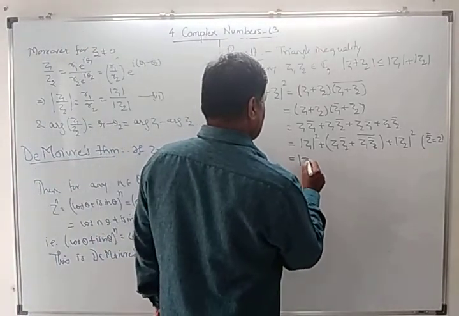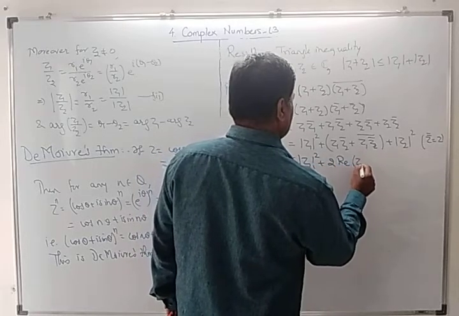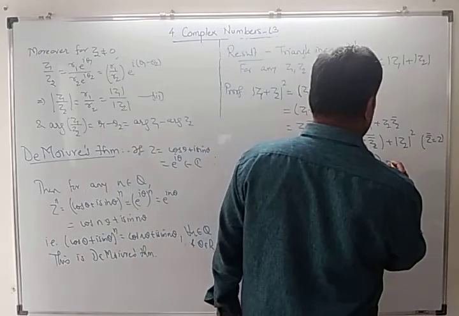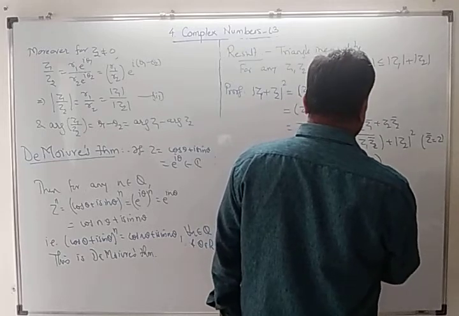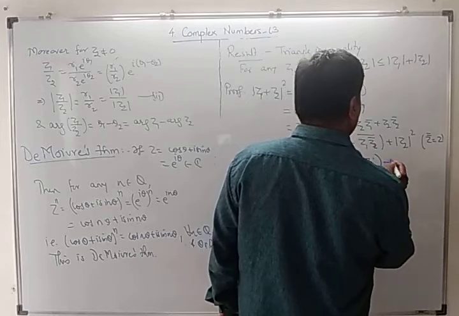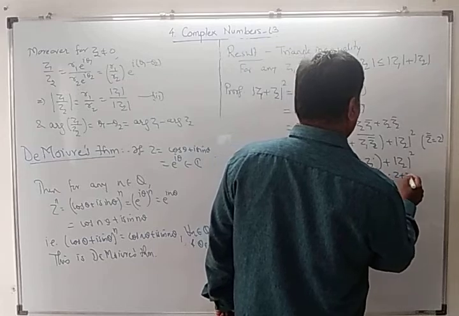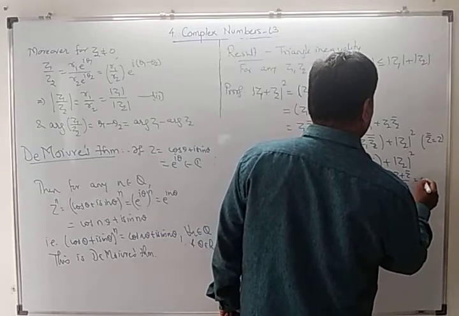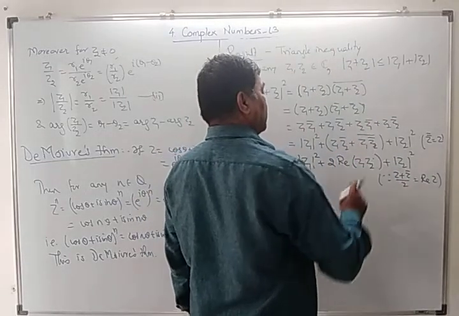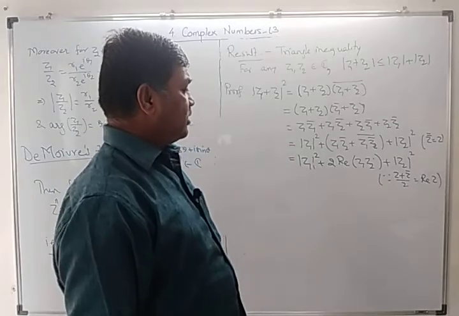So this will become mod Z1 square plus 2 times the real part of Z1 Z2 bar plus modulus Z2 square, since (Z plus Z bar) upon 2 is equal to the real part of Z. So Z1 Z2 bar plus its conjugate is the same as 2 times the real part of Z1 Z2 bar.